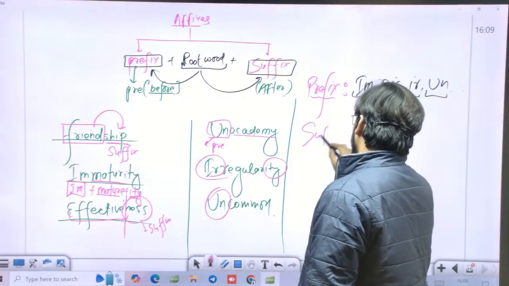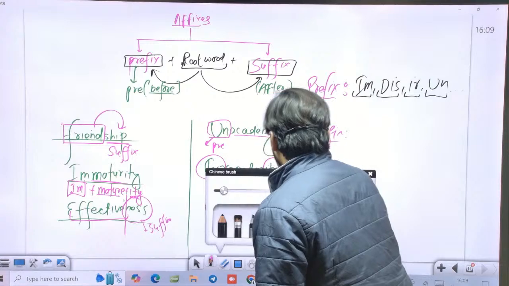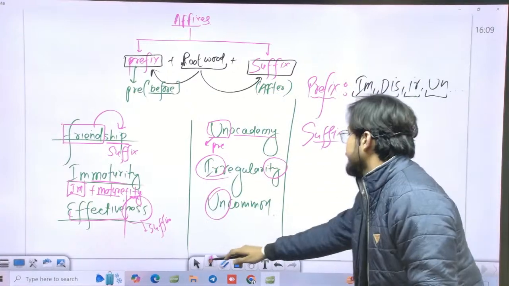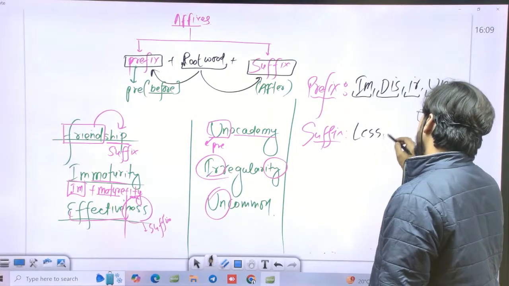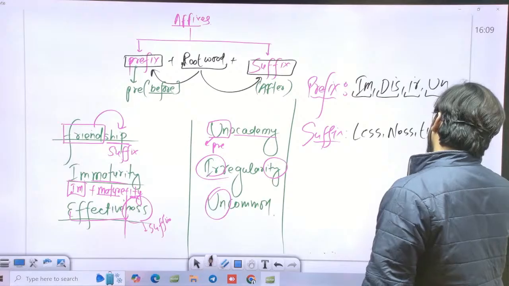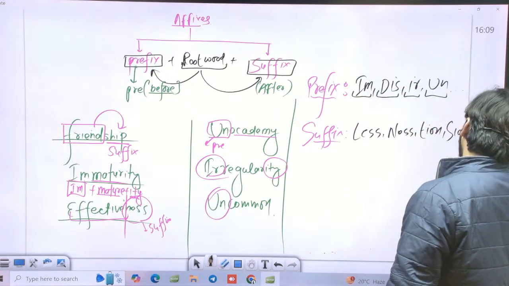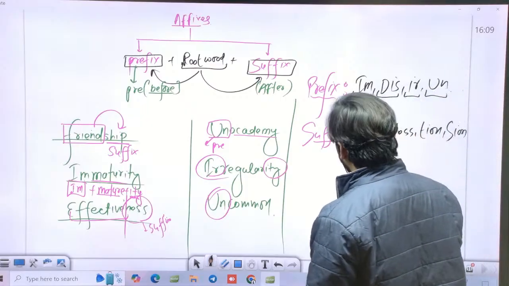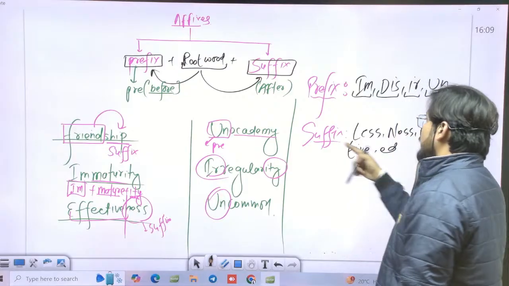Suffix, you can easily figure out if the words end like what? Less, ness, tion, sion, tive. Ed is also your suffix.